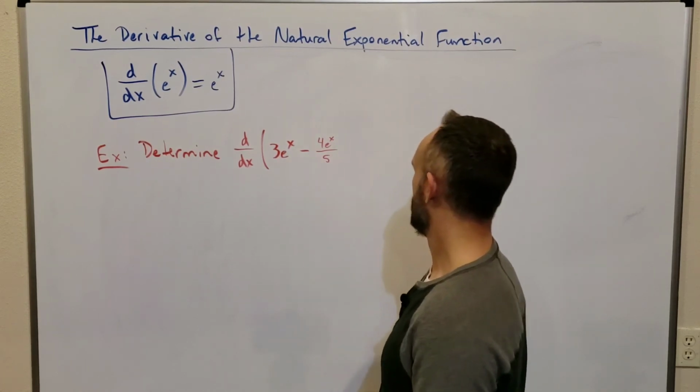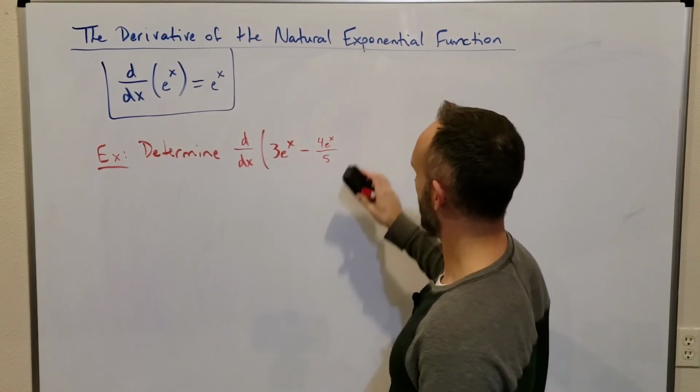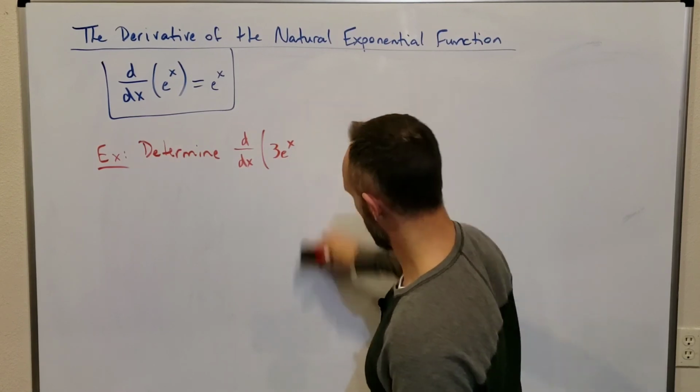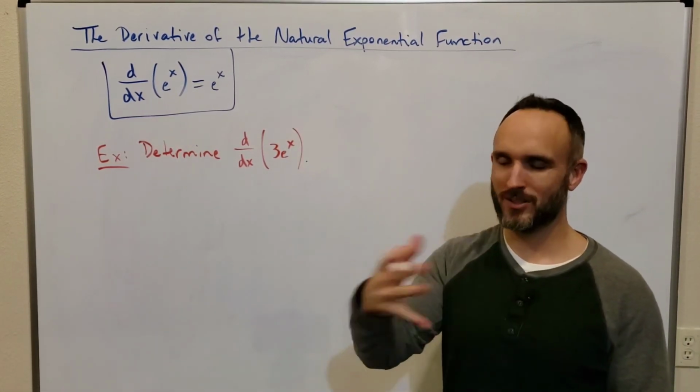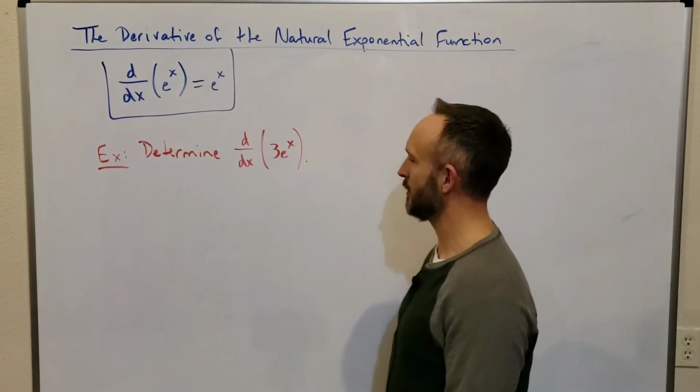No, I don't really like that. Let's just do the derivative of 3e to the x, and I'll assume that once you get this, you can look at other types of problems and figure them out.